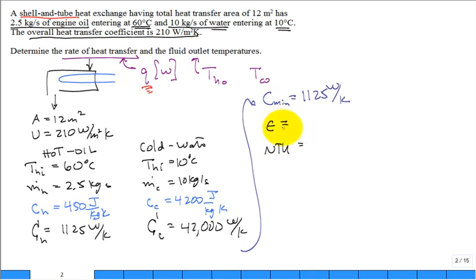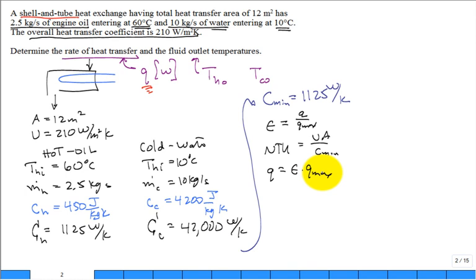Well, what was the definition of the number of transfer units? UA divided by C min. What is the definition of effectiveness? Q divided by Q max. So it looks like I need to calculate the effectiveness, because Q is equal to the effectiveness times Q max.